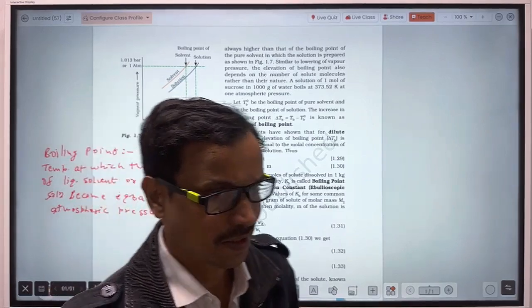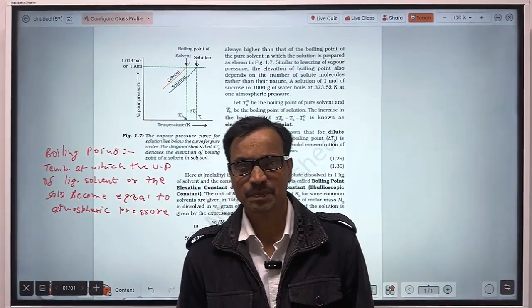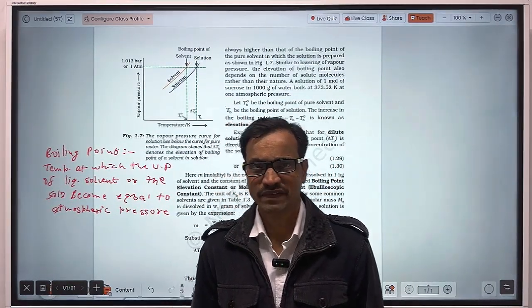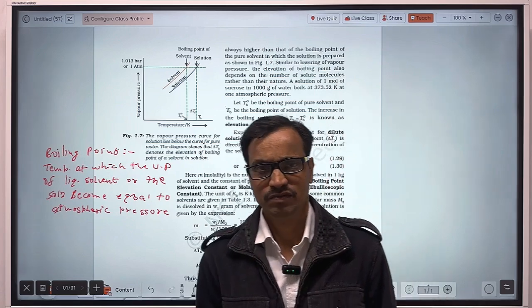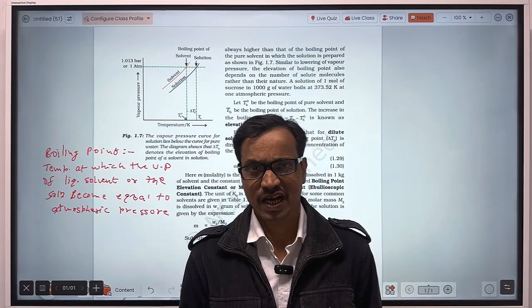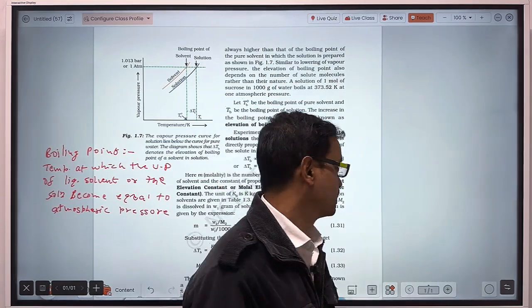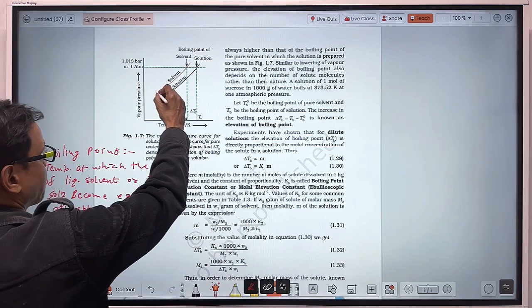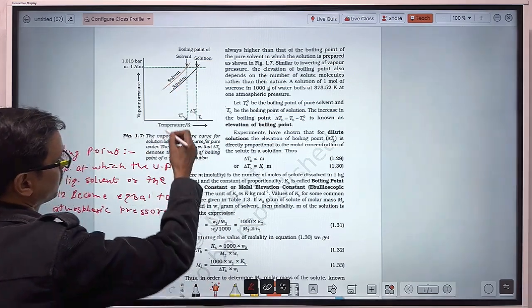Let's see here, this is the graph of the solvent.